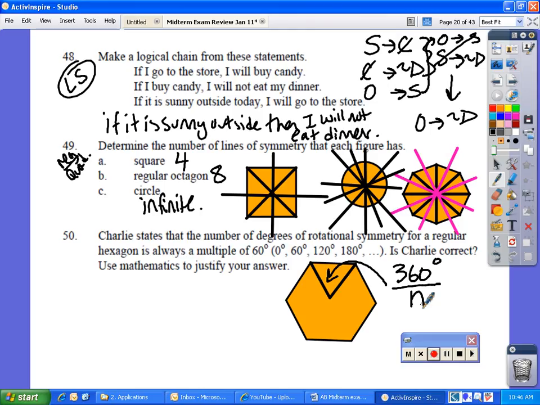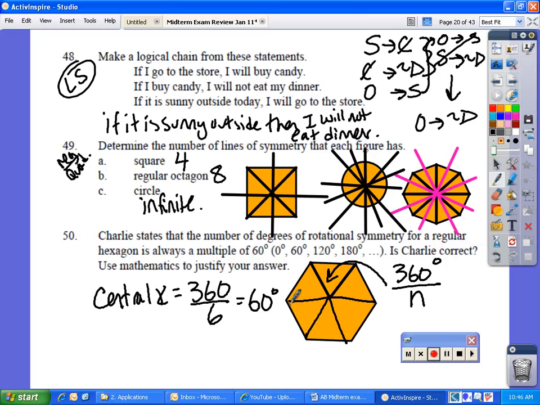So in our hexagon, the central angle is equal to 360 divided by 6, which is 60 degrees. All right, well, this is important because, yes, I can turn it 60 degrees. I can also turn it 2 times 60 degrees, or 3 times 60 degrees, 4 or 5. So any multiple of 60 degrees works. So yes, Charlie is correct.